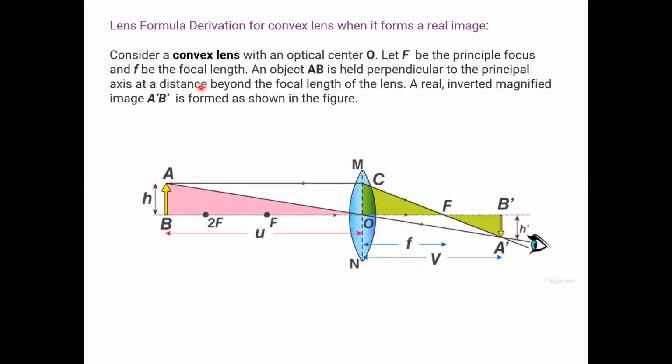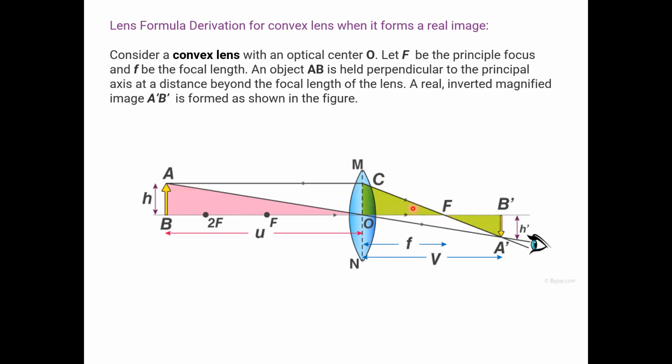Similarly here, you can see that the triangles A dash B dash F and COF are similar. If these two triangles are similar, because this angle is a vertically opposite angle, it is equal, and this angle is 90 degrees, so these are also equal.